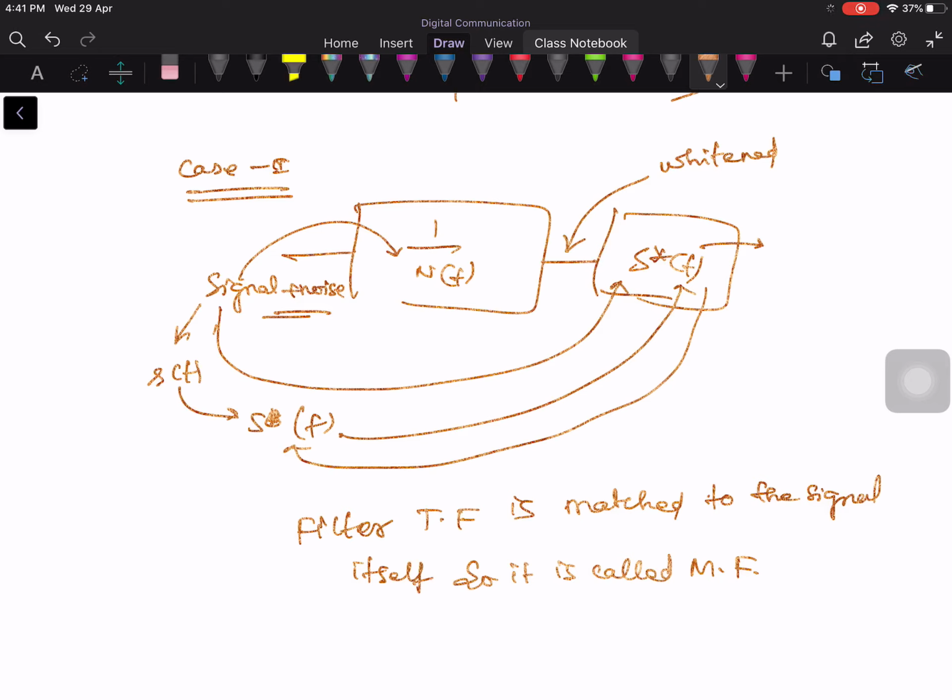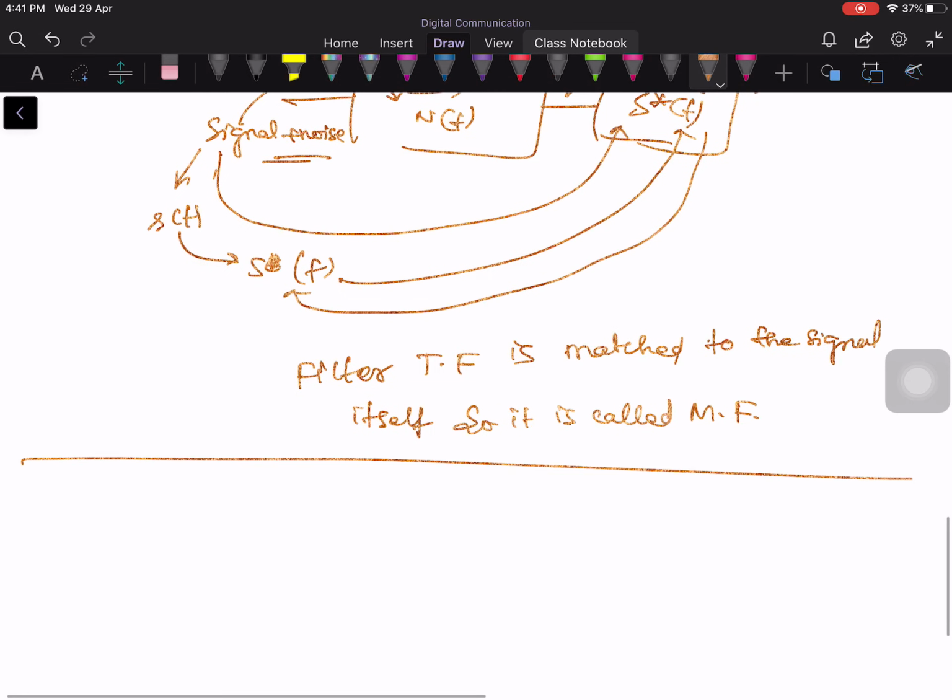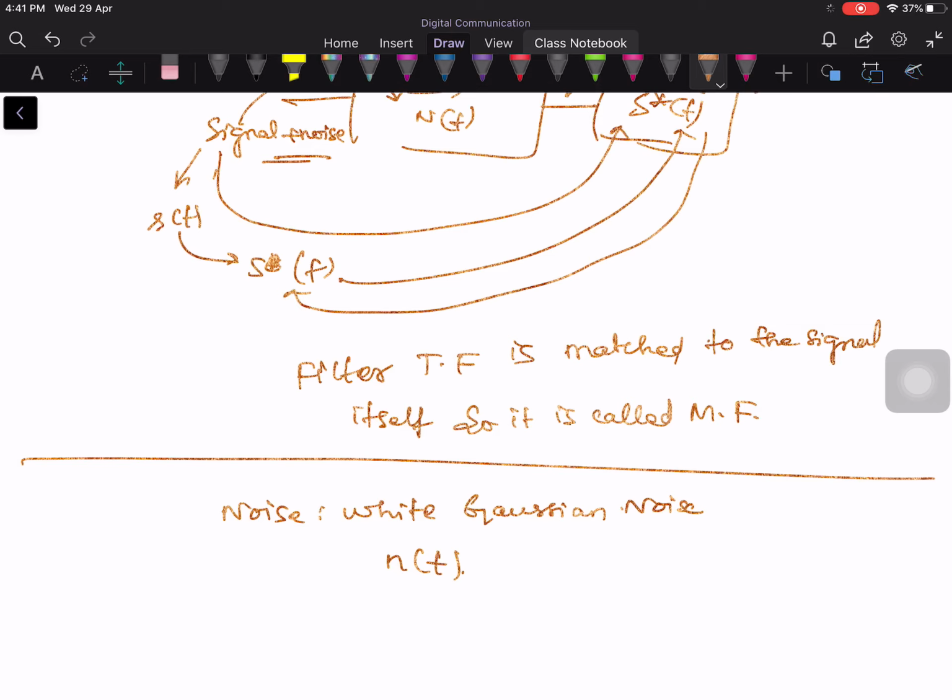Now let us take the specific case when your noise is white Gaussian noise. Let's say n of t is white Gaussian noise.